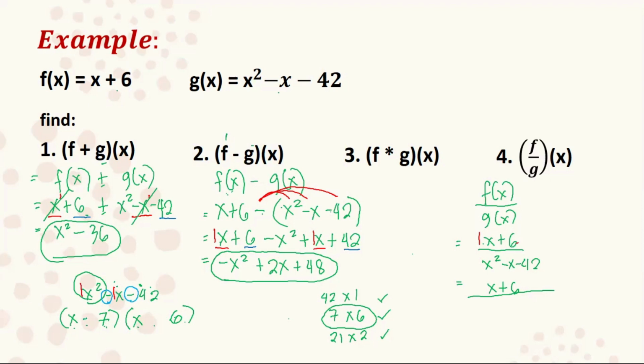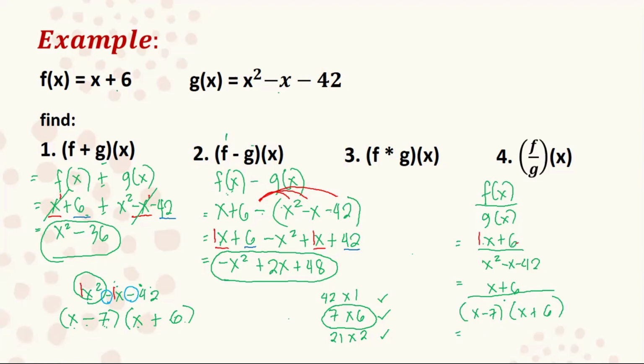So it should be x minus 7 and x plus 6. These are now the factors of this trinomial. So we write here x minus 7 and x plus 6. Look at the resulting expression.